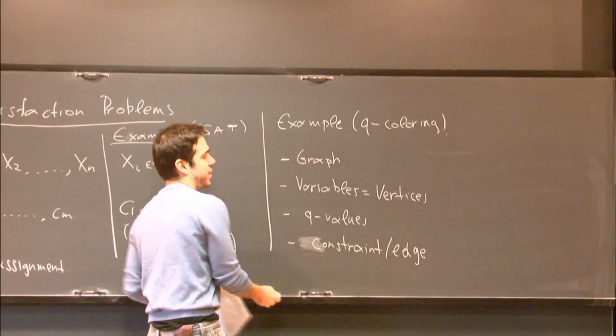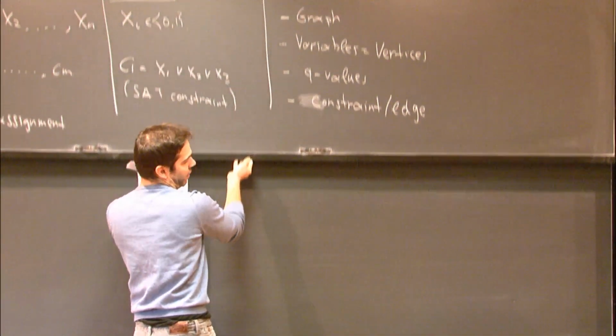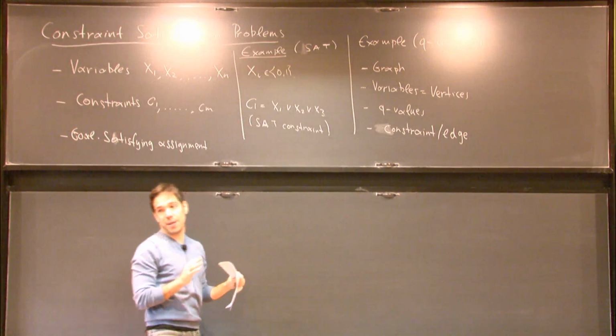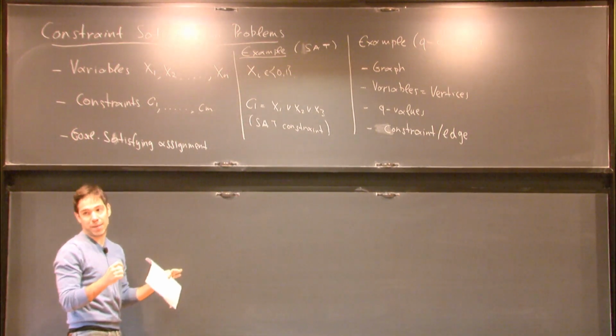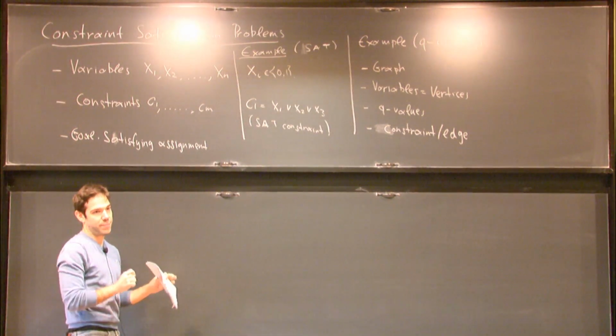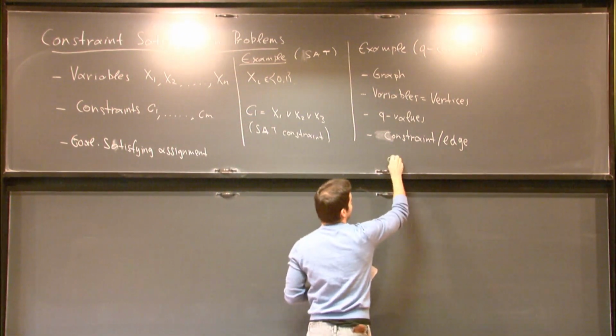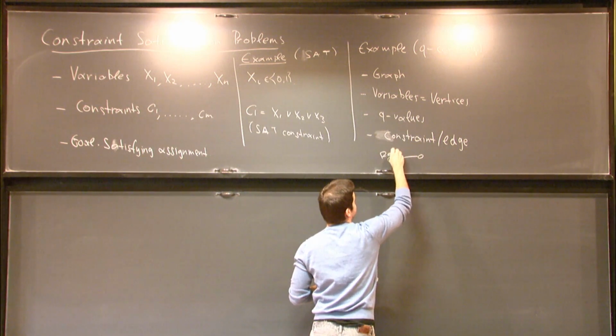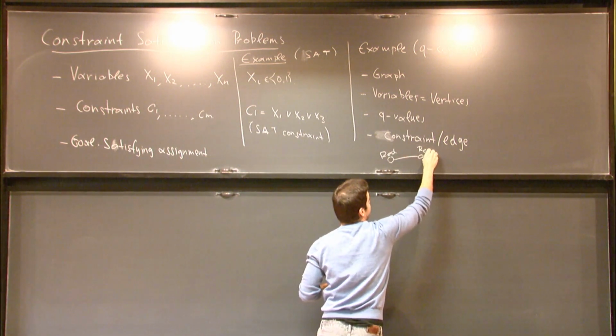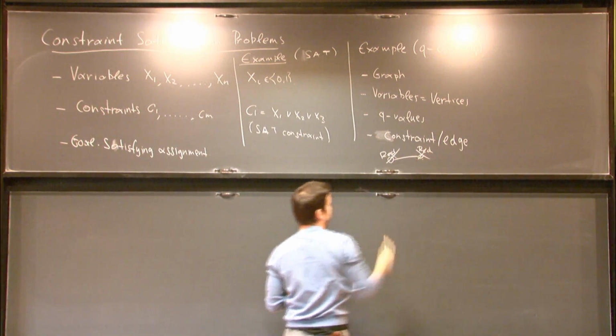And the constraint says my variables cannot take the same value. Okay, so we don't allow monochromatic edges. Okay, so for example, this is not allowed.